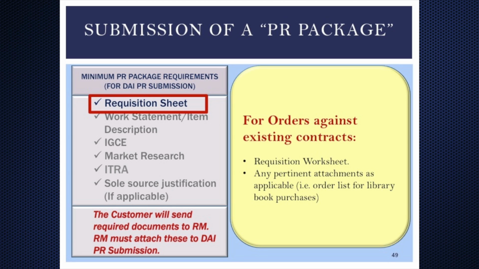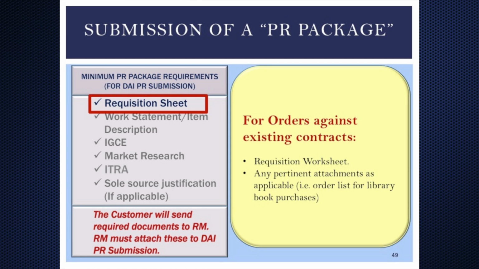In that case, your PR only needs the requisition sheet and then any pertinent attachments as applicable. So, for example, for library books, a library book contract, you'll have maybe the list of books that you want as an attachment and then the requisition sheet as an attachment. And we have existing library book contracts that we order, that you can order against.